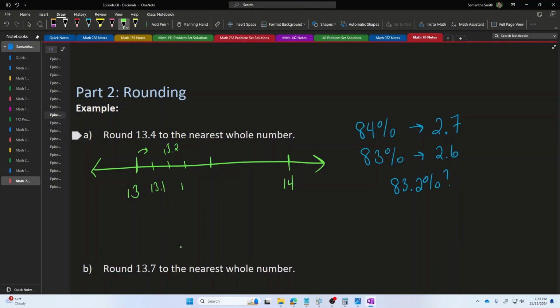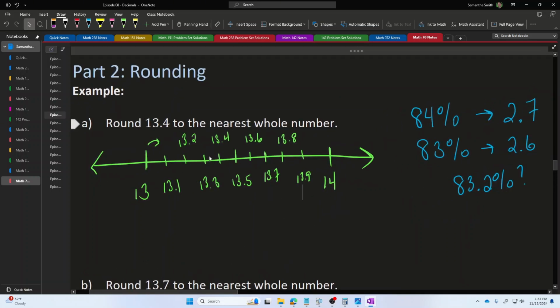Another tenth would be 13.3. Another tenth would be 13.4. Another tenth after that, 13.5. Another tenth after that, 13.6. Then 13.7. Then 13.8. Then 13.9. And then if I add one more tenth to that, it will roll over and I will have 14, the whole number 14.